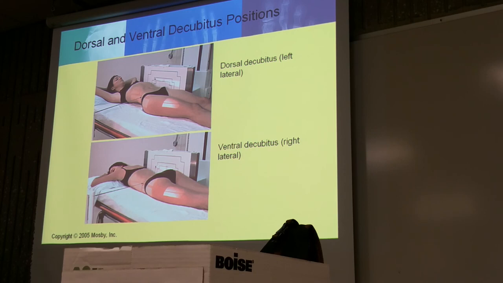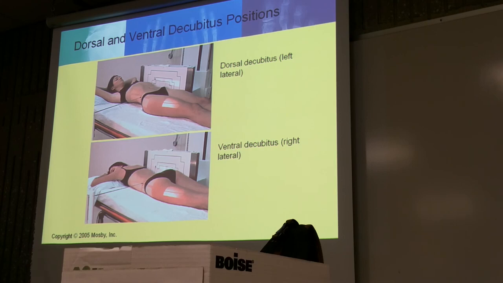That will also indicate what part should be closest to the image receptor, because the closer you are to the image receptor, you get true size, no magnification, and better detail. This is why you guys took 146, to understand the nuances of these different factors.